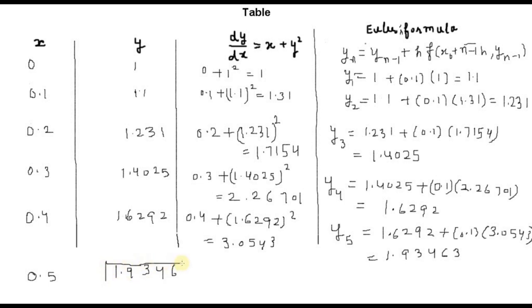So this is the value of y5 that we had to obtain. This is done by the Euler formula, and this table has made all the things easy, and it is done very clearly.